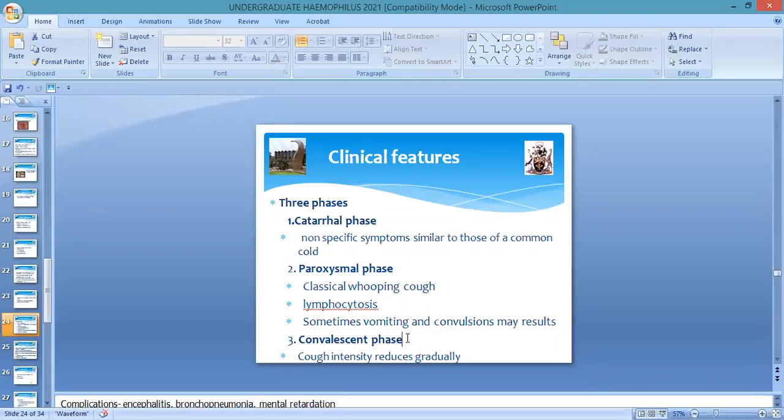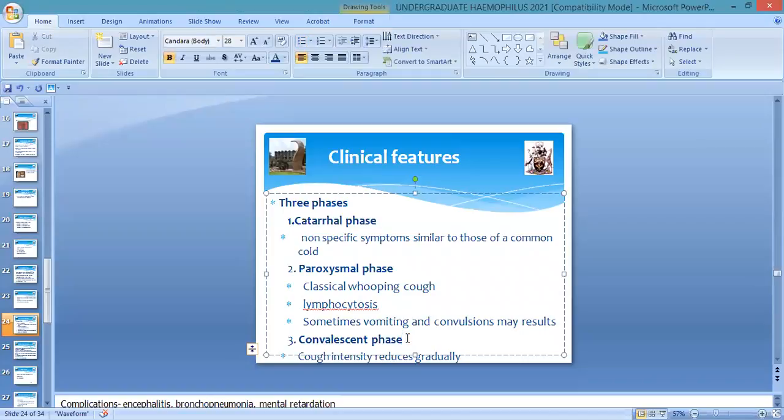The end phase is what we call a convalescent phase. So this happens when you have that reduction of the coughing. So the intensity of coughing basically reduces as the patient goes back to a normal state. Okay, so that's what we describe as a convalescent phase, and this would happen either because treatment has taken place or the infection is just reducing.